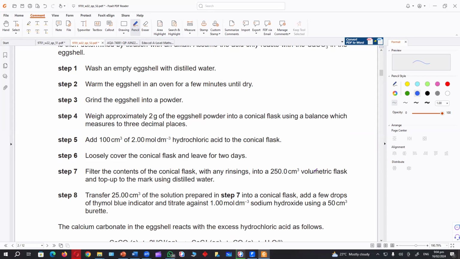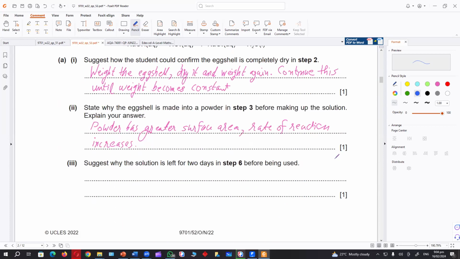It looks to be the same. 2 days. It seems that the reaction is slow.